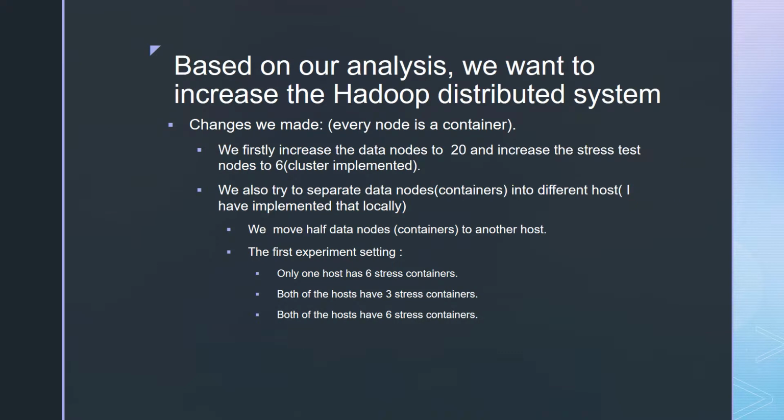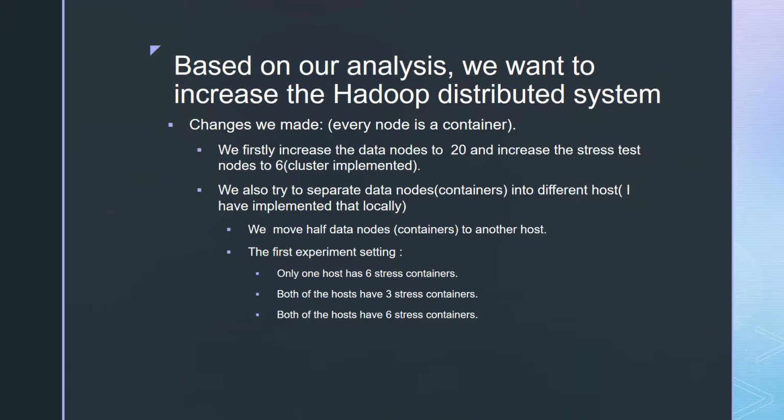Based on our analysis, the result I showed before is from the 3-node Hadoop setup. I want to implement the Hadoop distributed system at a normal size. I want to increase the data nodes to 20 and increase the stress test load to 6.